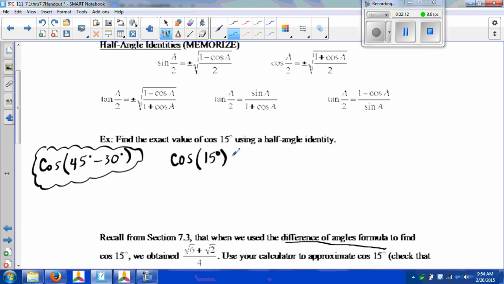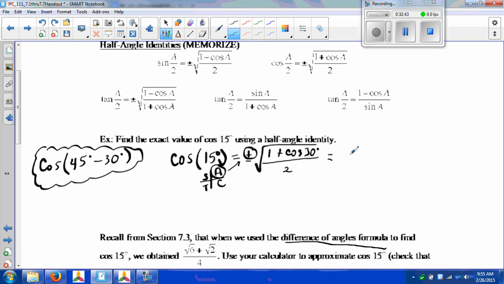So that's going to be plus or minus the square root of 1 plus the cosine of doubled, so that's 30, over 2. Now I have to decide if it's plus or minus. So you look back here and you think, all students take calculus. Now 15 degrees is in quadrant 1, so that means it's going to be positive.